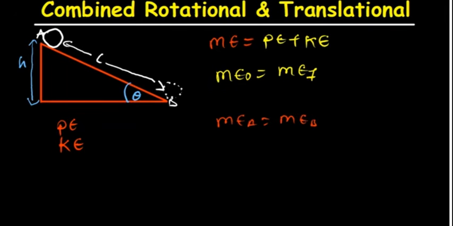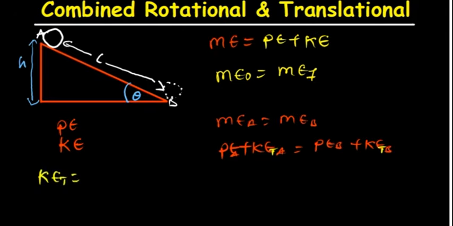Mechanical energy is the sum of the potential energy plus the kinetic energy. So the potential energy at point A plus the kinetic energy at point A has to be the potential energy at point B plus the kinetic energy at point B. Initially this is translational, so I'll put a T there. Translational kinetic energy is given by half mv squared.